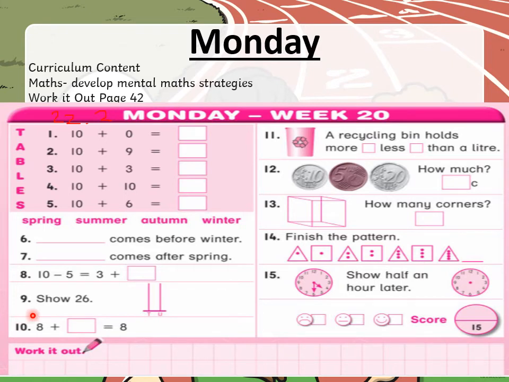Number 9. Show 26 on your notation board. Number 10. 8 plus blank equals 8. Number 11. A recycling bin holds more or less than a litre. Number 12. 10 cent, 5 cent and 20 cent is how much cent altogether?